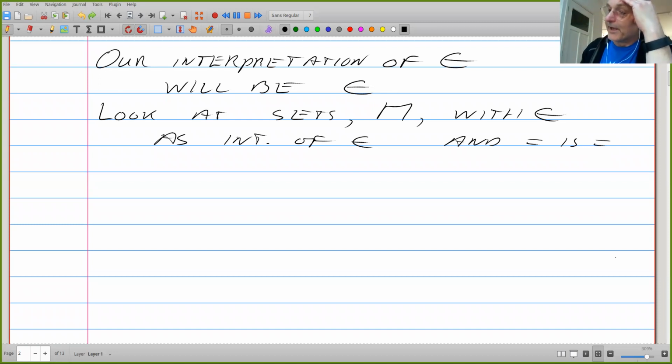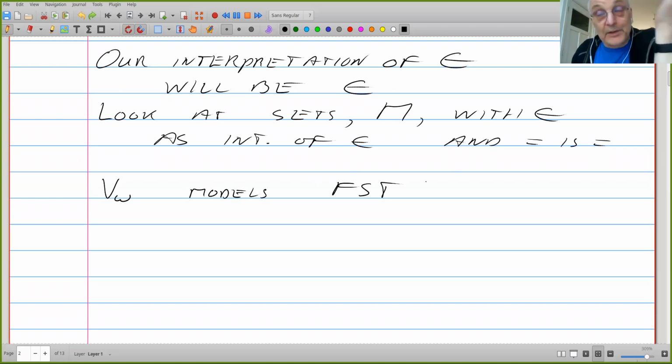You may remember that V omega models finite set theory. And how did we see that? Well, we saw that by just interpreting the element of relation as the element of relation and checking that all the axioms of finite set theory were valid in that structure.